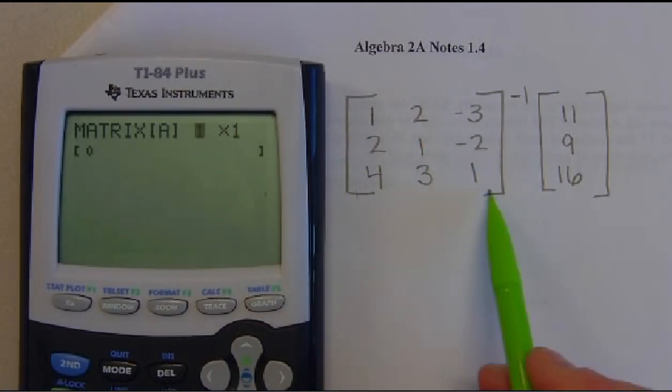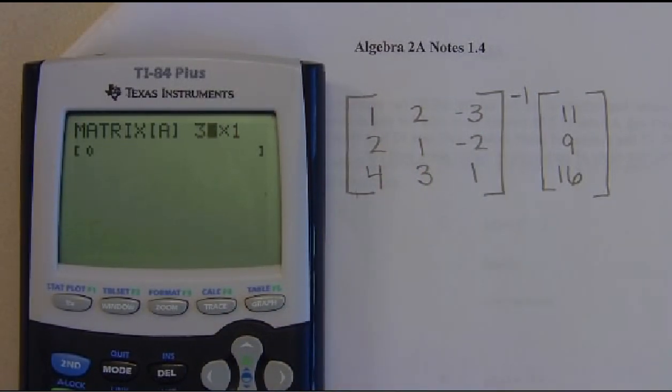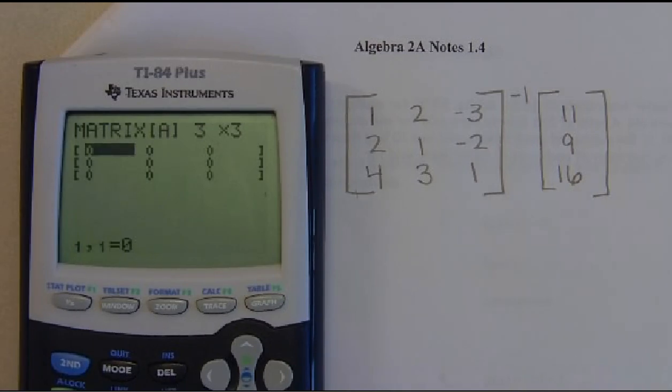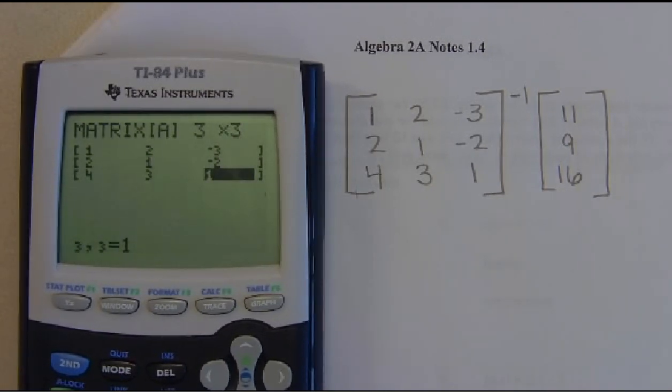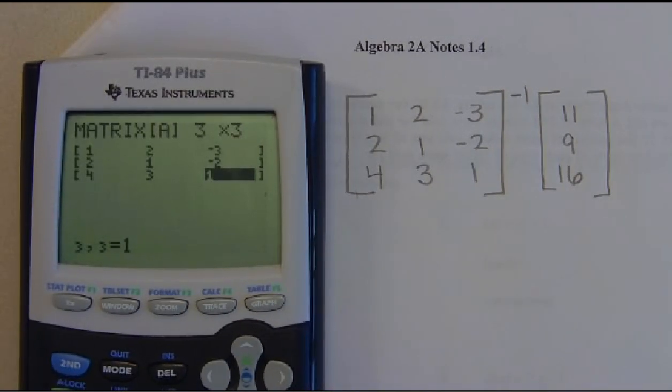There are 3 rows and 3 columns. So this is a 3, enter, 3, enter matrix, 3 by 3 matrix. And then I just put in those numbers, 1, 2, negative 3, and I'm hitting enter in between each one. And I have my first matrix in.